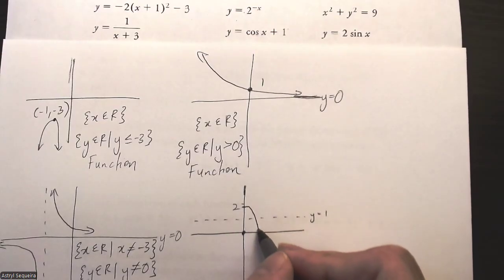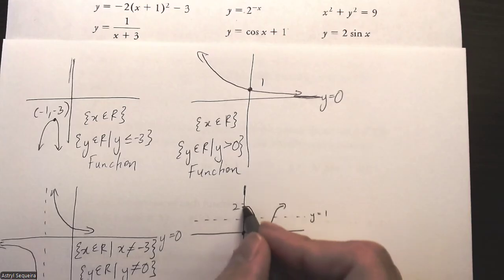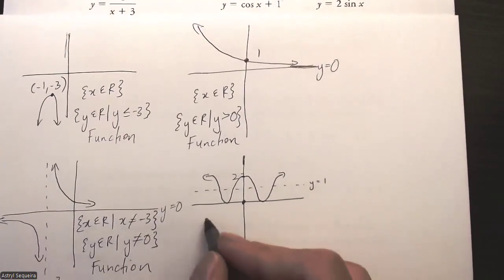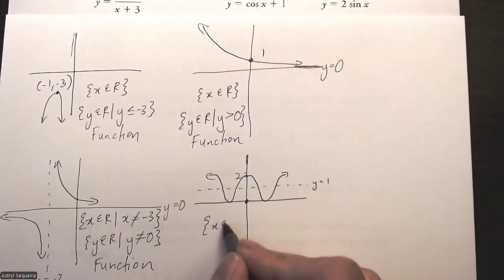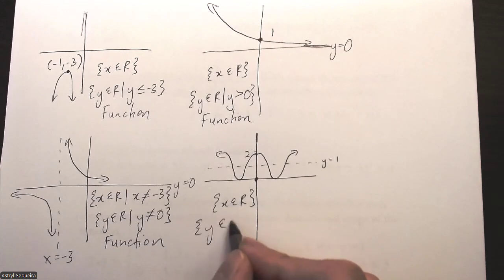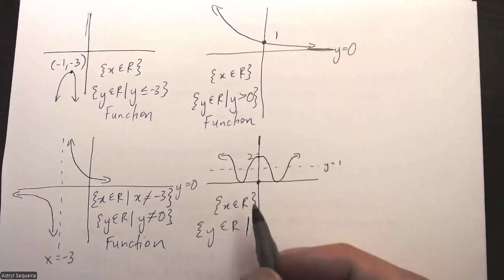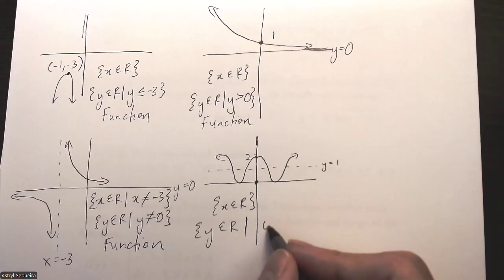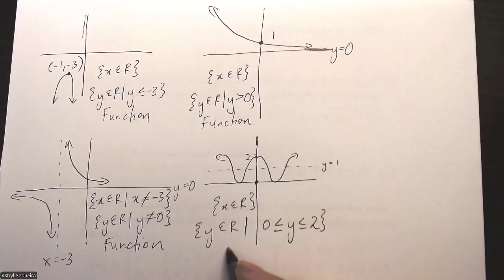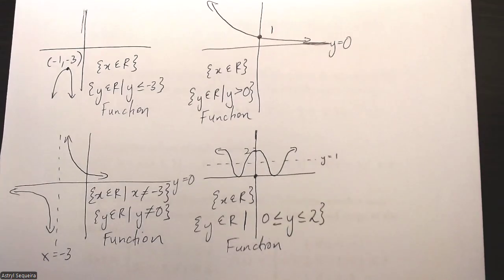Then I just draw a cosine wave that goes in that direction forever. My domain for this one is x is an element of all real numbers. And my range is y is an element of all real numbers, such that my minimum is 0 and my maximum is 2. Again, all cosine and sine functions are functions because they pass the vertical line test.